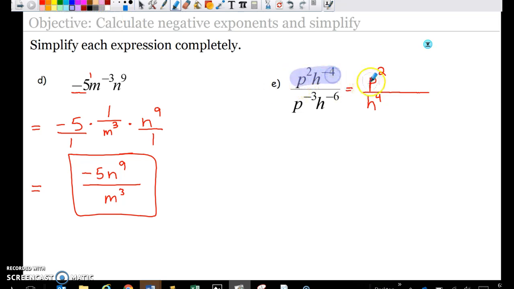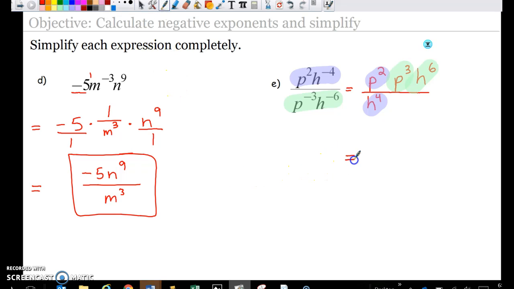So these two things are in the numerator, so I move them now because of the negative exponents. And now p to the negative 3rd will go to the top of the fraction as the positive 3rd power, because the denominator has 2 negative exponents in it. So that p to the 3rd is going to go to the top of the fraction with a positive exponent, and that h to the negative 6 has become h to the positive 6 on the numerator of the fraction, like this.